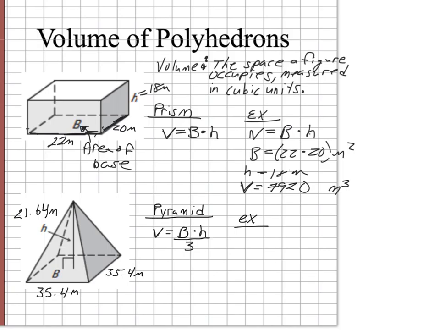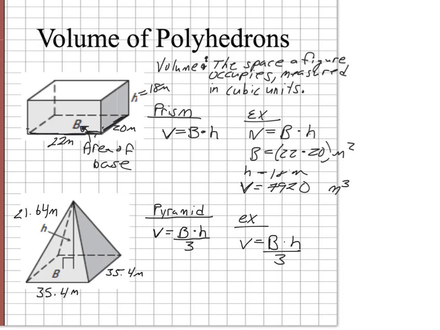If I was to work this out, again, identifying what the shape is is a really important part. So I have my square pyramid, and I want volume. Again, volume is equal to area of the base times height divided by 3.